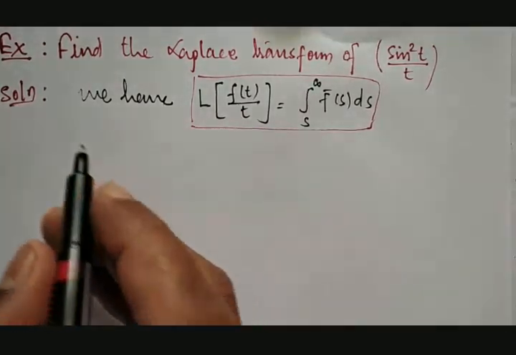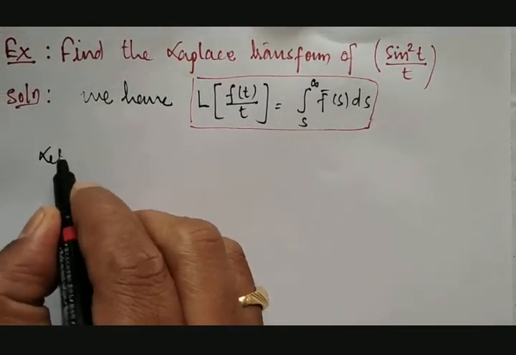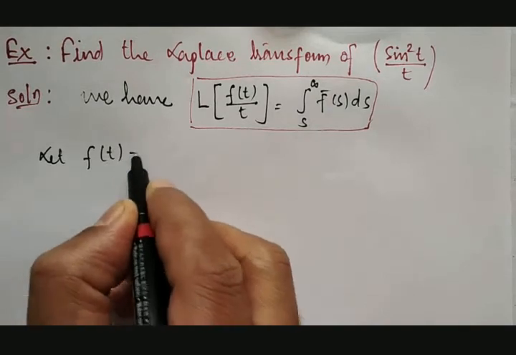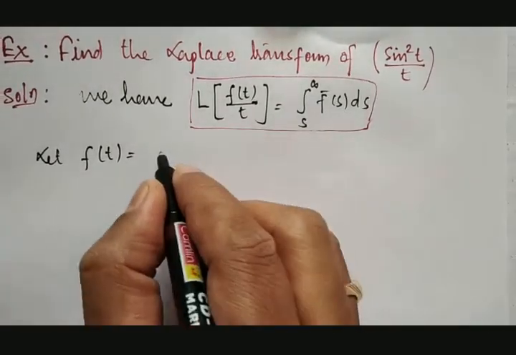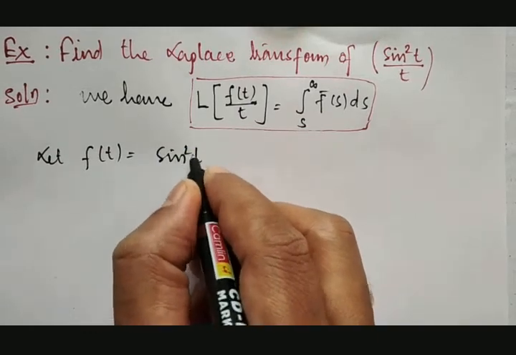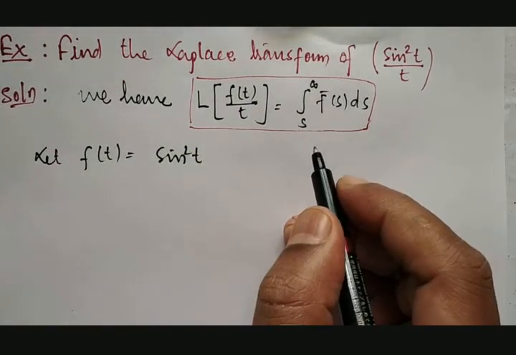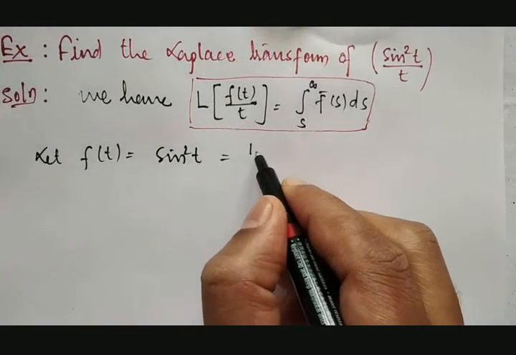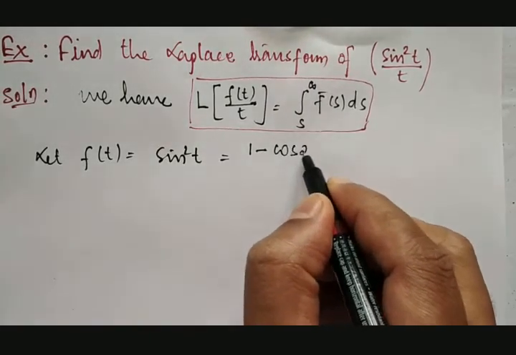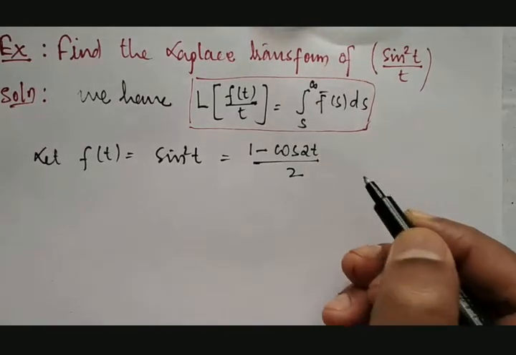In this case we need to choose what is f of t. If you compare these two, then f of t is sine square t. But what is sine square t? Sine square t is nothing but 1 minus cos 2t divided by 2.